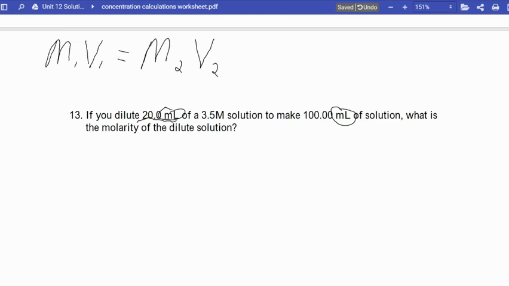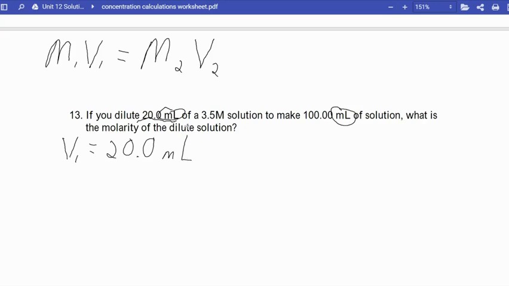So now we have to identify what is M1, what is V1, what is M2, what is V2. We're going to go through the problem, each number chronologically. If you dilute 20 milliliters, since it's milliliters, that's a V, so we're going to call that V1: 20.0 milliliters.